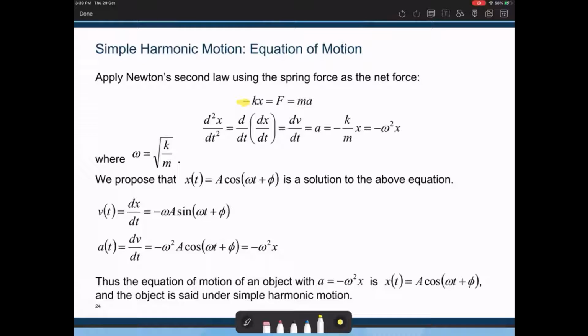Now, we have basically established a general situation. The general situation is like this.